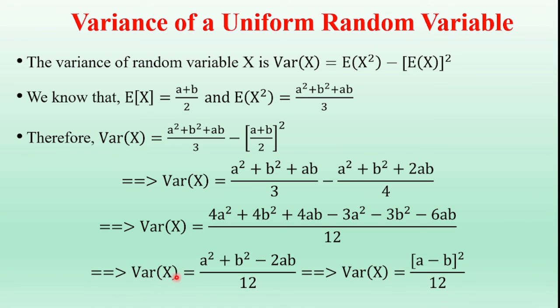So variance of x is equal to (a square plus b square minus 2ab) by 12. The numerator is written as (a minus b) whole square, divided by 12. So this is the variance of a uniform random variable. Therefore, this is the concept of mean value, mean square value and variance of a uniform random variable.